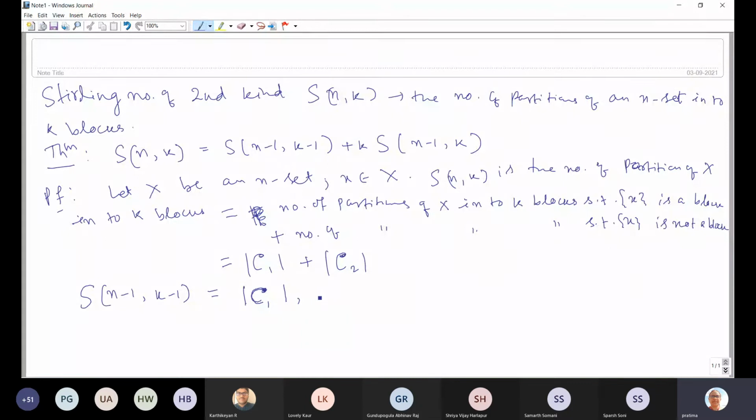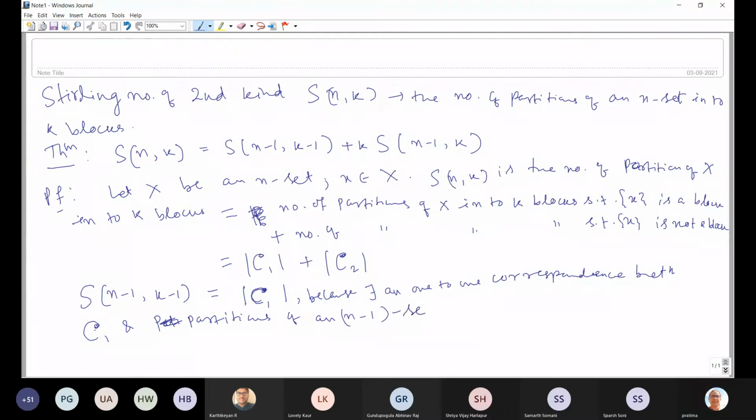We get this because there exists a one-to-one correspondence between C1 and the partitions of an n-1 set into k-1 blocks. Is this one-to-one correspondence clear to you?